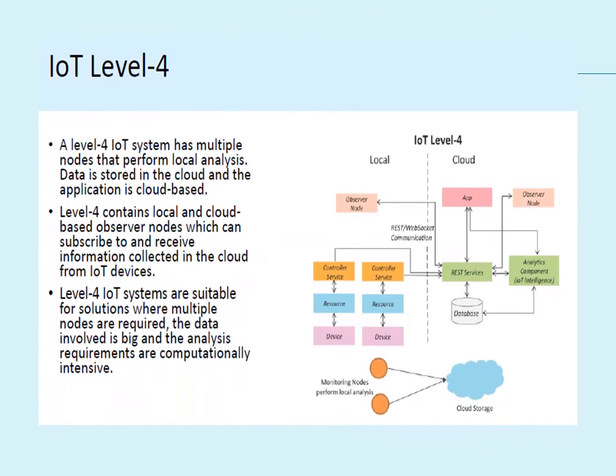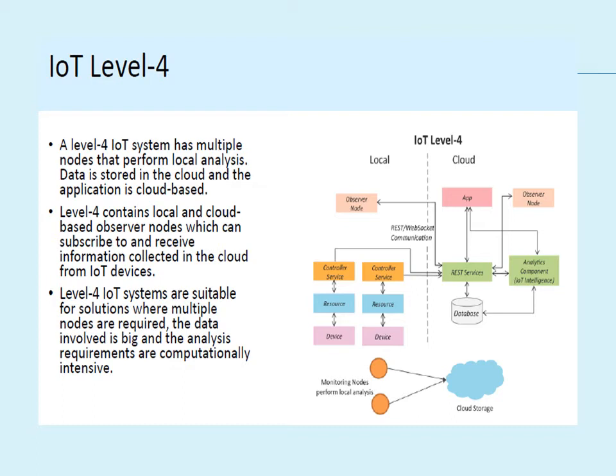Next we are moving on to IoT level 4. An IoT level 4 system has multiple nodes. Before IoT level 4, IoT level 1, level 2 and level 3 have a single node, and data can be stored in the cloud.